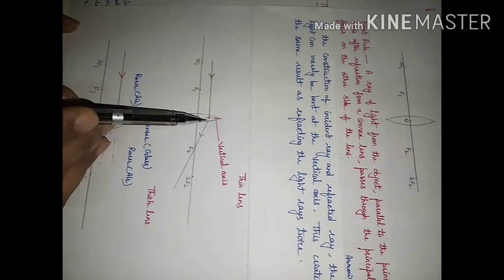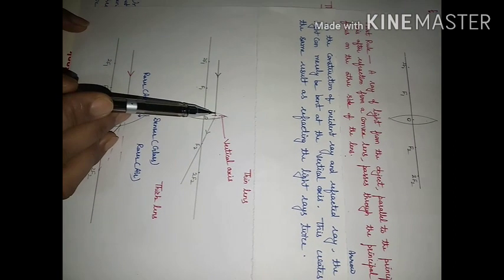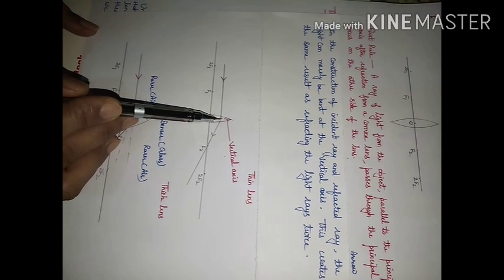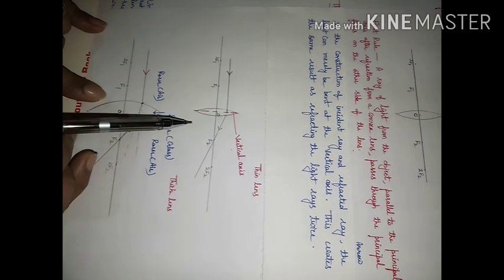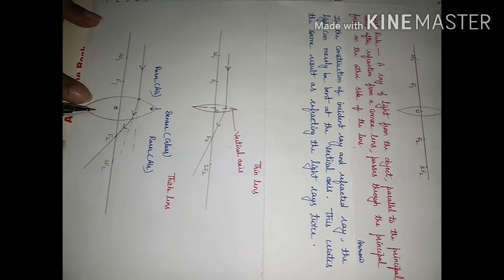So they have considered a total bending either from this side or this side at this point only. So your ray diagrams in your book are not with this diagram.